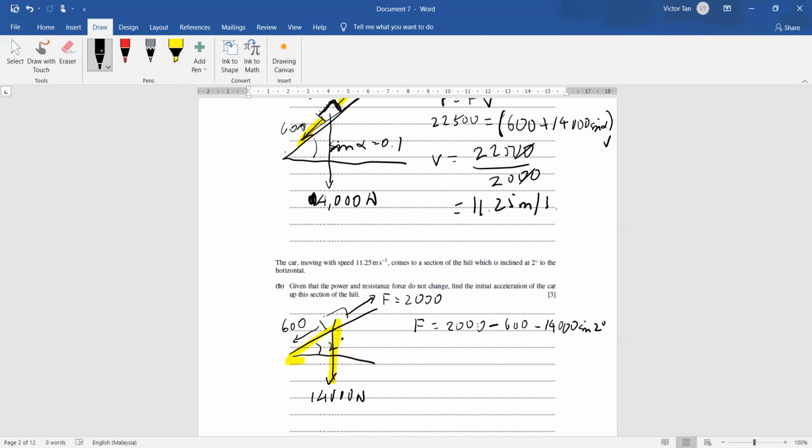Okay, so the resultant force is MA. Always resultant force is MA.